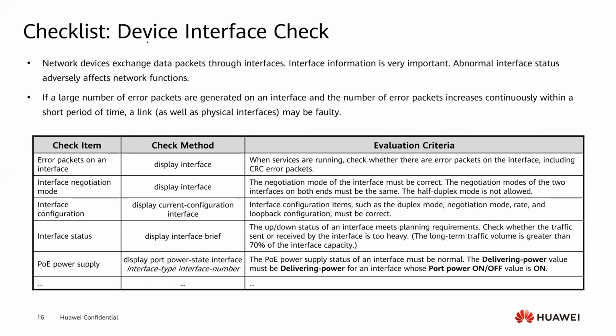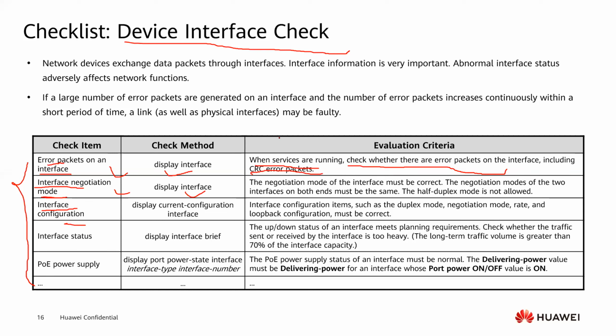Then we also check the device interface. For the device interface, we can check these items: error packets on the interface, interface negotiation mode, and interface configuration. For these, we can use display interface. When services are running, check whether there are error packets on the interface, including CRC error packets.